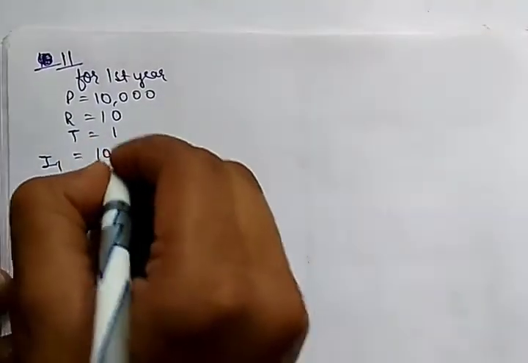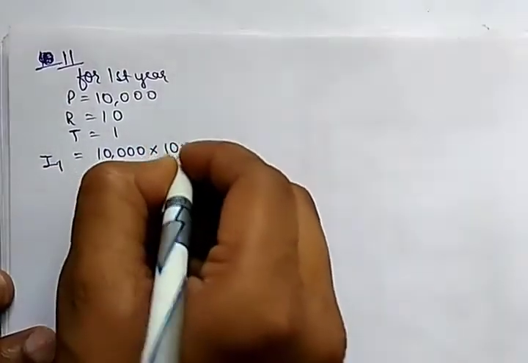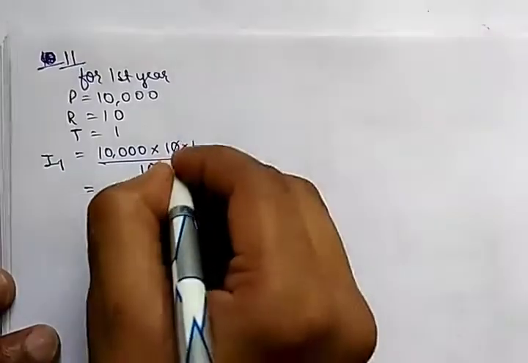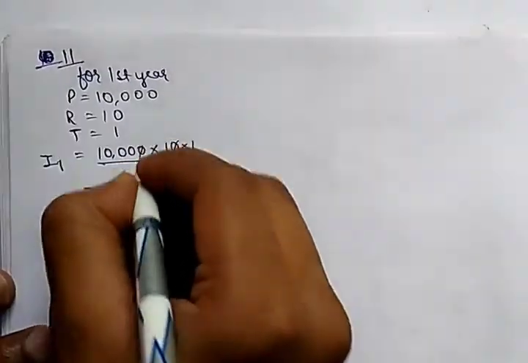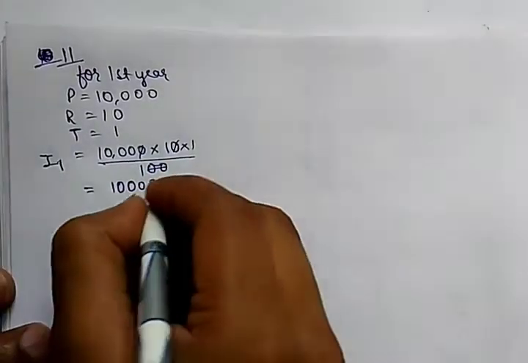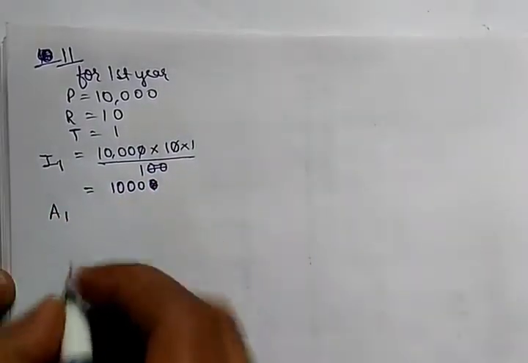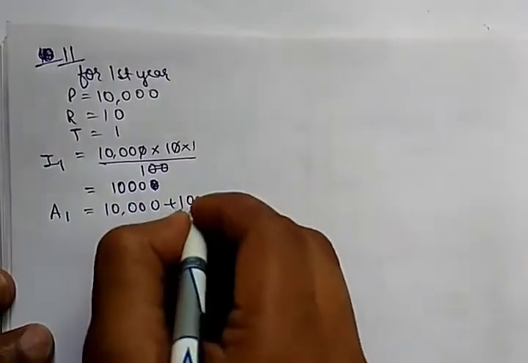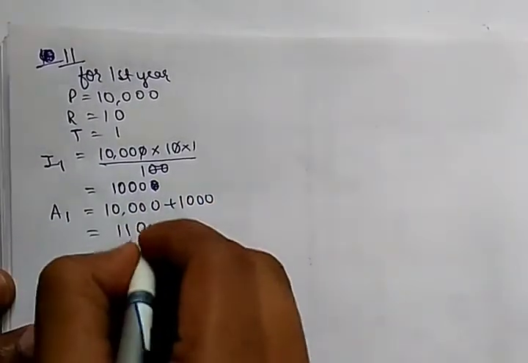So interest for the first year is equal to 10,000 into 10 into 1 by 100, that is 1,000. So amount for the first year will be equal to 10,000 plus 1,000, that is 11,000.